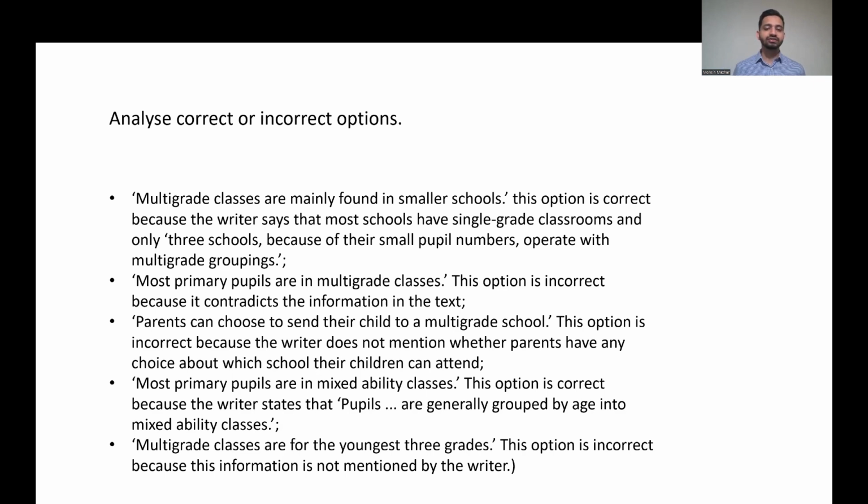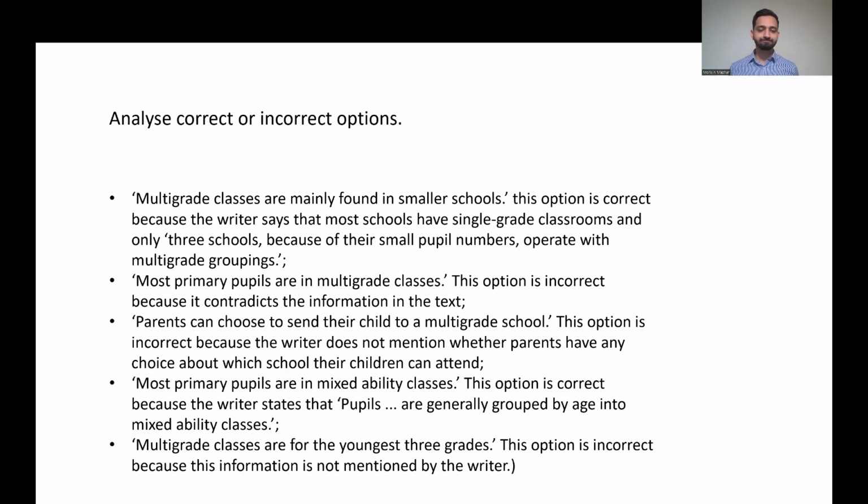Parents can choose to send their children to a multi-grade school. This option is incorrect because the writer does not mention whether parents have any choice about which school their children can attend. So just by reading that, you can say that this information has not been presented to us, and we're not going to be worrying about that one.